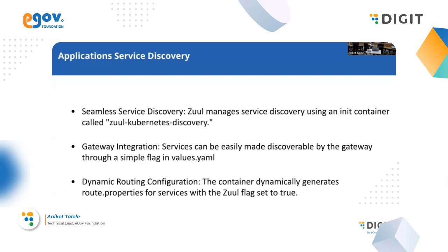So what it does basically is it calls the Kubernetes API to get all the services. Okay, so it will call the Kubernetes API to get all the services, and then it will see for which services Zuul is set to true. So you could have noticed in values.yaml, under ingress there was one field called Zuul, and you could set it to true or false, right?